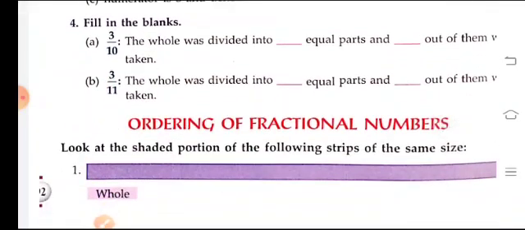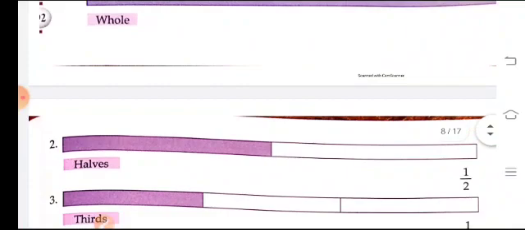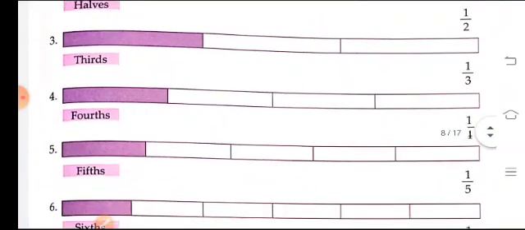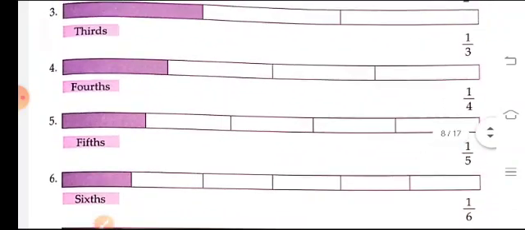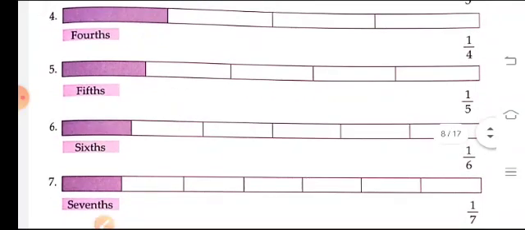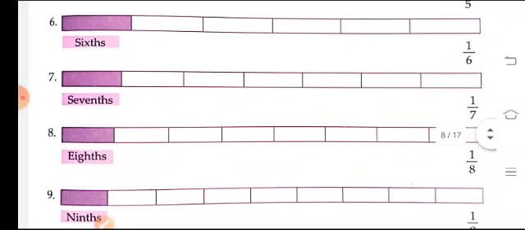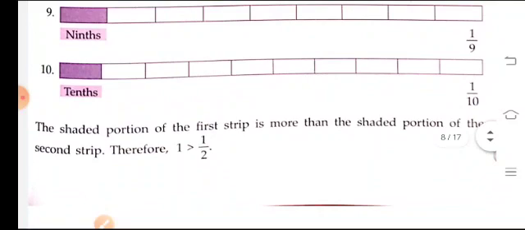Now next is the ordering of fractional numbers. How will you arrange them in order? Here you are given the fractions 1 upon 2, 1 upon 3, 1 upon 4, 1 upon 5, 1 upon 6, 1 upon 7, 1 upon 8, 1 upon 9 and 1 upon 10.